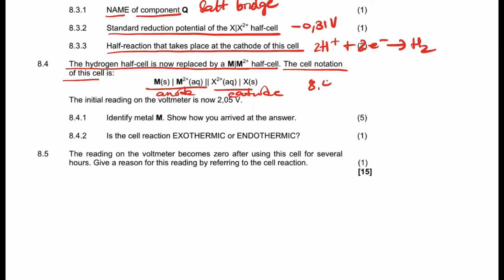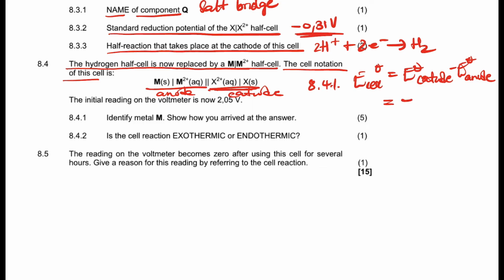So it's going to be 8.4.1. We'll say E cell is equal to the E cathode minus the E anode. So what is the cathode? The cathode between the two is the metal X, and for the metal X we were asked to identify the reduction potential.